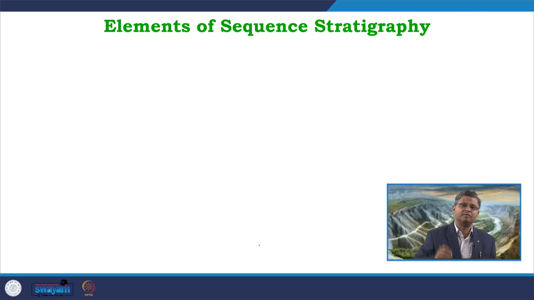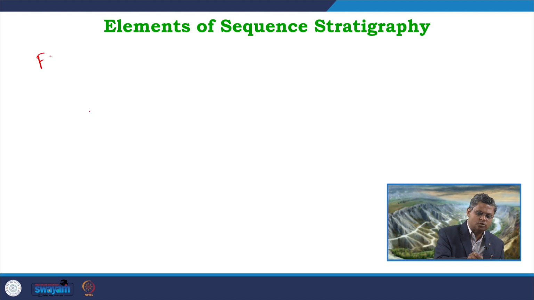So, if I want to summarize what are the elements of sequence stratigraphy, if I talk in terms of the change in base level curve and start of forced regression from there on, what are the surfaces that we are getting? We can categorize them in terms of, for example, those surfaces which are associated with the base level fall.